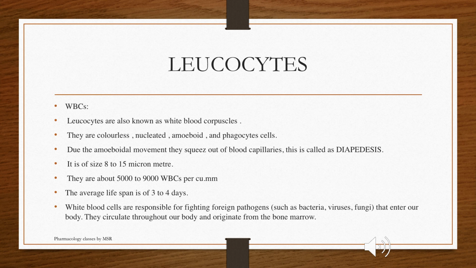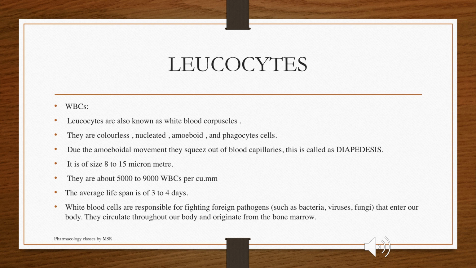When coming to the size, they are 8 to 15 micrometers. The average range is 5000 to 9000 WBCs per cubic mm. The lifespan of a WBC is just 3 to 4 days. As I told, they are the policemen or scavenging cells of our body because they fight against foreign pathogens like bacteria, viruses and fungi entering our body.